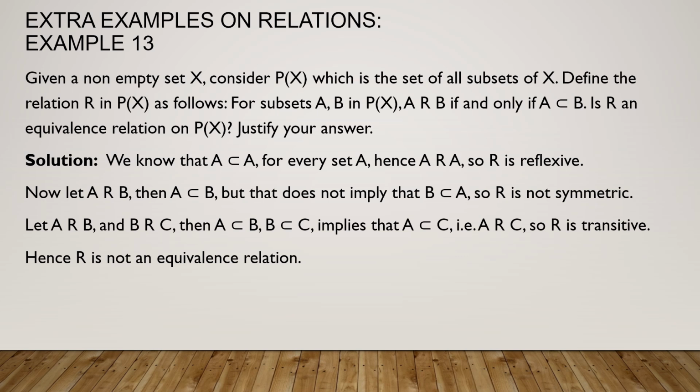Now suppose A is related to B, means A is a proper subset of B. Then does this imply B is a subset of A? No. So R is not symmetric. Now for transitive, if A is a proper subset of B, and B is a proper subset of C, always A will be a proper subset of C. So A will be related to C. So it is transitive. In short, we have shown that it is reflexive and transitive but not symmetric. So it is not an equivalence relation.